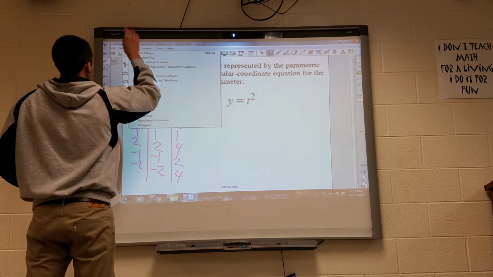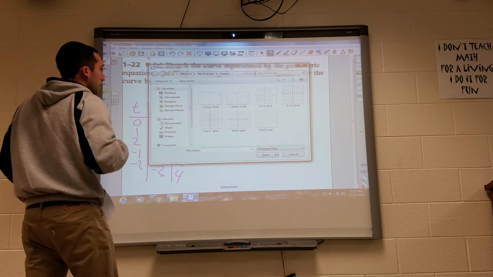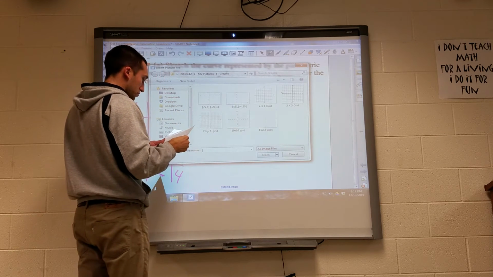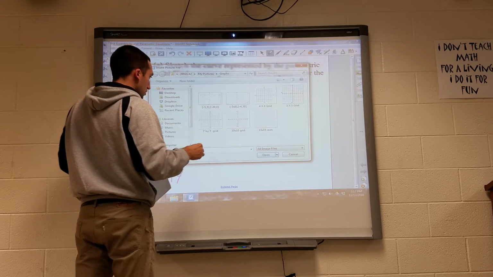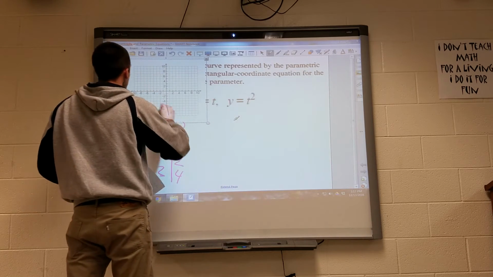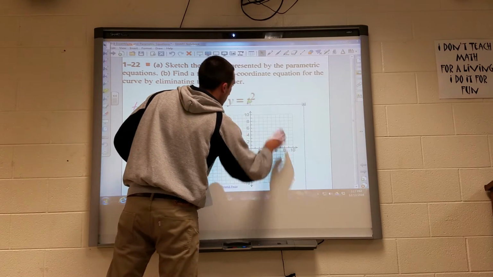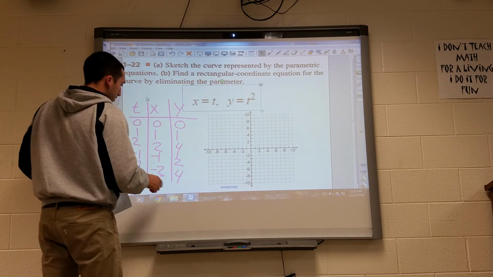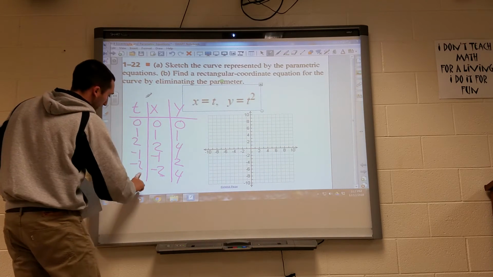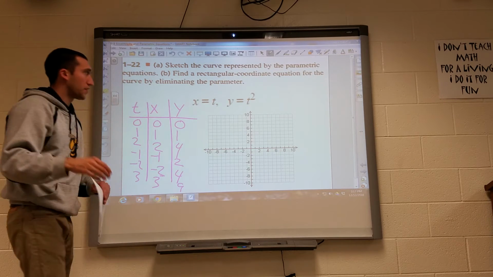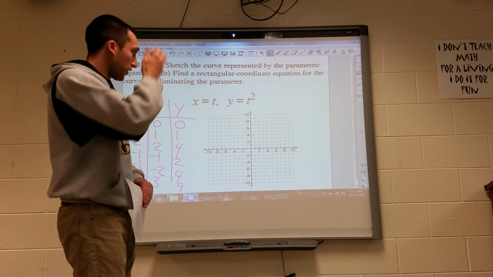If I put a grid in here, we want to go up to 9. If I went up to 3, we'd realize this is 3 and this is 9, the y is just squaring our t.